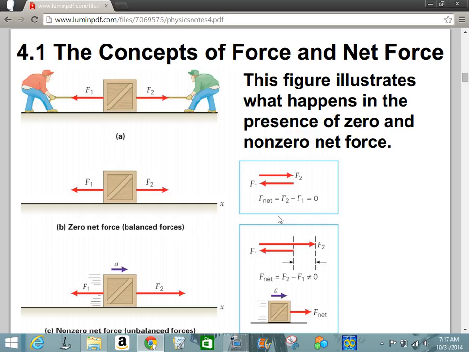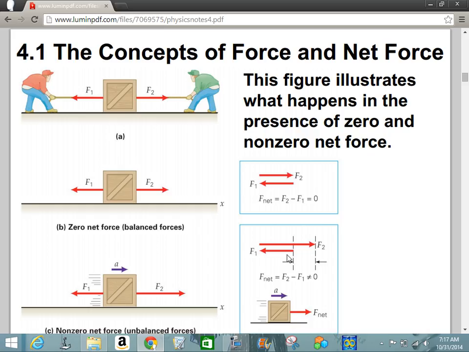If we take the sum of the vectors, for example from part A of this figure, because the vectors are equal in magnitude, in other words f sub 2 minus f sub 1 equals 0, then no motion is taking place.